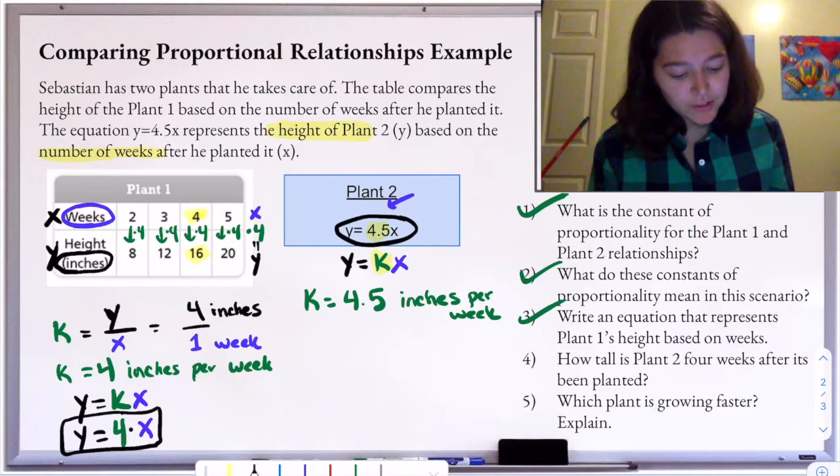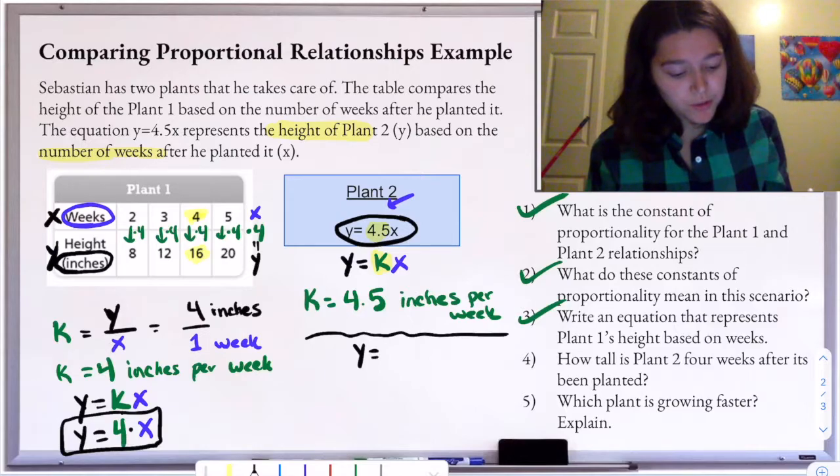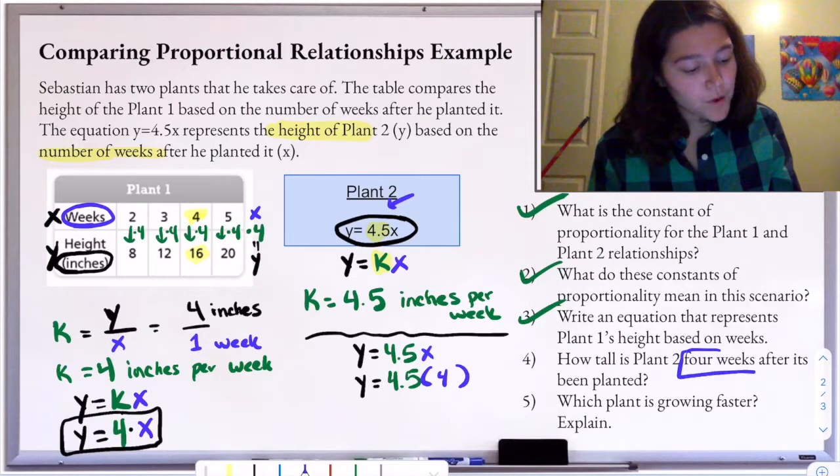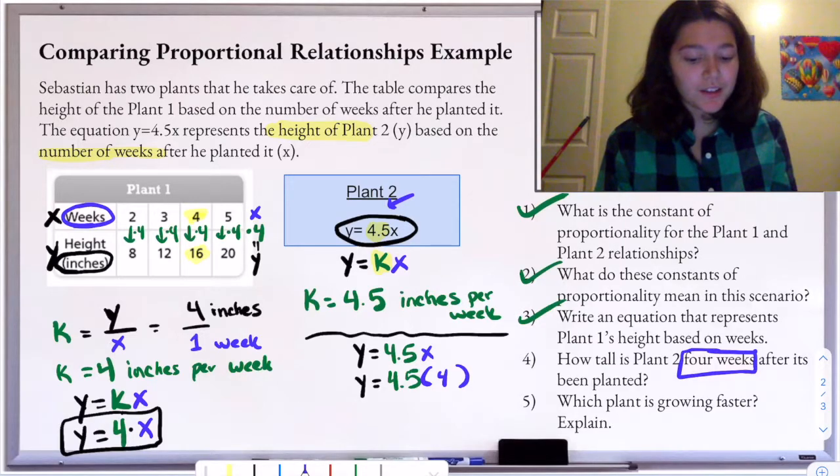Okay, so to do this, I'm going to rewrite my equation, y equals 4.5x. And then what I'm going to do is substitute in, and I know this is a word we talked about a lot last year, substitute in 4 for x, because they're talking about 4 weeks after it's been planted.